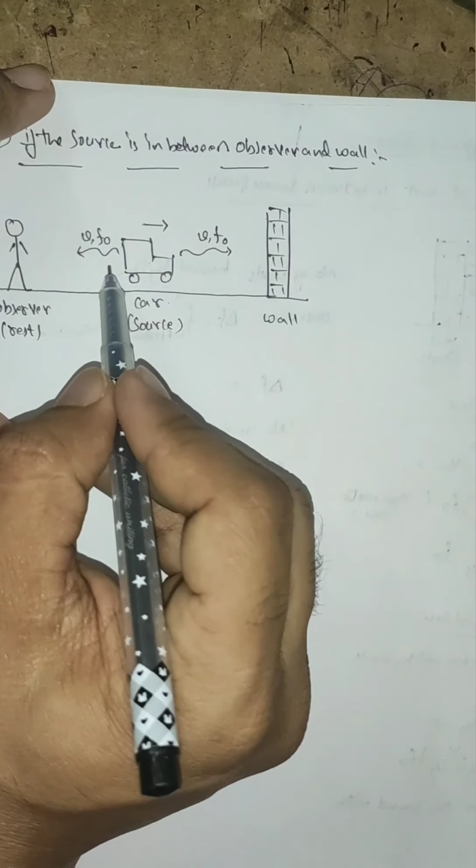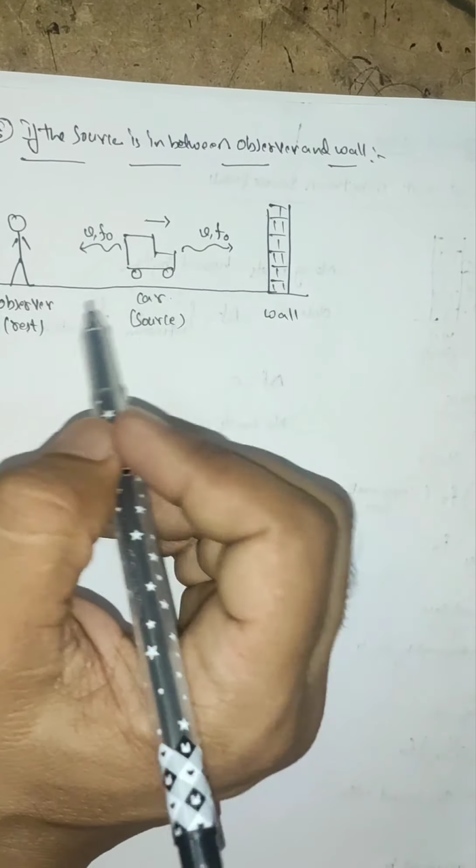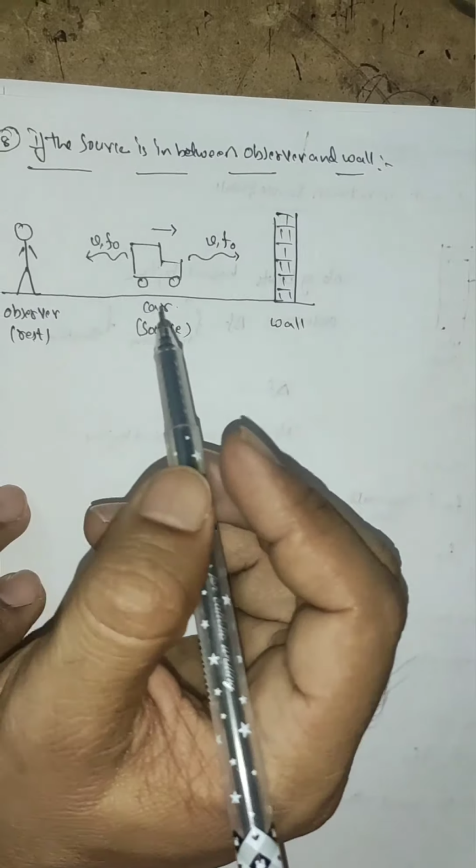In the direct case, the sound travels from the source, and the source is moving away from the observer, so it is the recede case here.